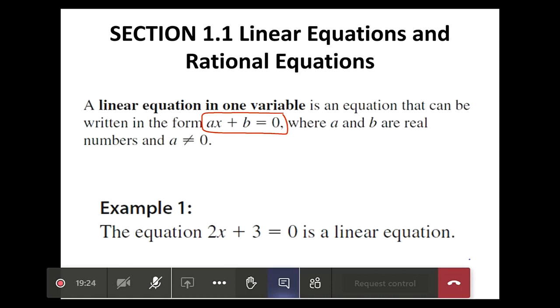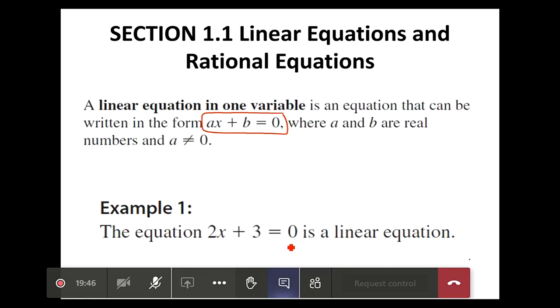We don't have x squared, or x in the denominator, or x in an absolute value, or inside a radical. Just ax plus b equals 0, where a and b are constants, and a is not equal to 0.